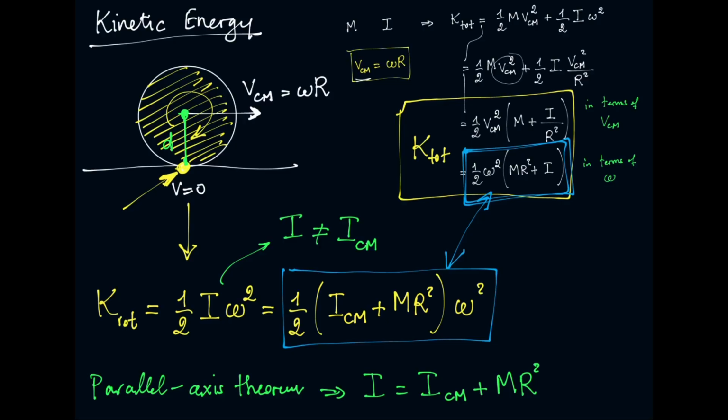And it's wonderful that we find precisely the same result, as we should, but with a different conceptual interpretation of a purely rotational motion pivoting around the contact point, and calculating like that using the parallel axis theorem. Very, very nice. Okay, this was rolling motion.